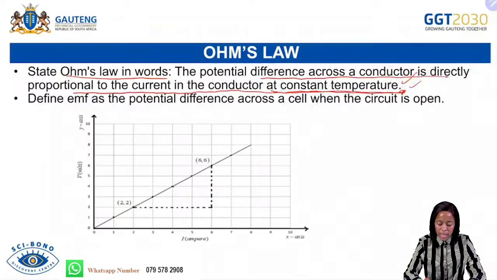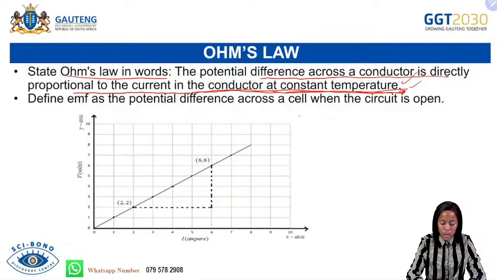So if that's the case, when you define, you're not just going to say the potential difference across a conductor is directly proportional to the current, because that will be a half definition. You need to define it all the way up until at a constant temperature.